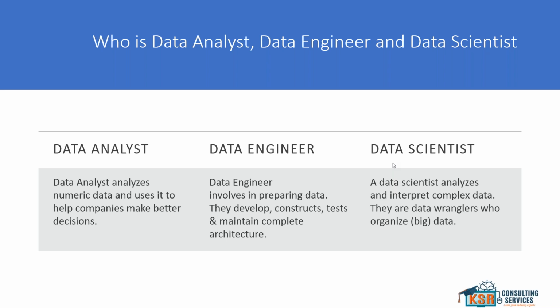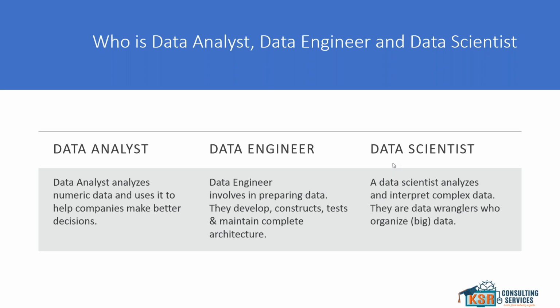Semi-structured data means data in the form of HTML, XML, and JSON format. Unstructured data means data in the form of audio, video, text, PDF, Word document, image, these kinds of things. Whereas a data analyst uses a simple tabular format of data, which is nothing but simple table data.